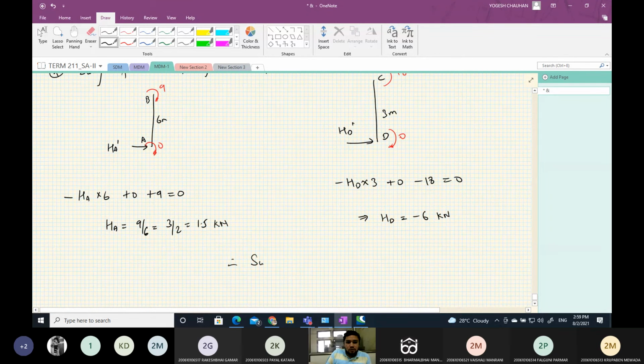So therefore sway force S dash is equal to minus of 1.5 minus 6.